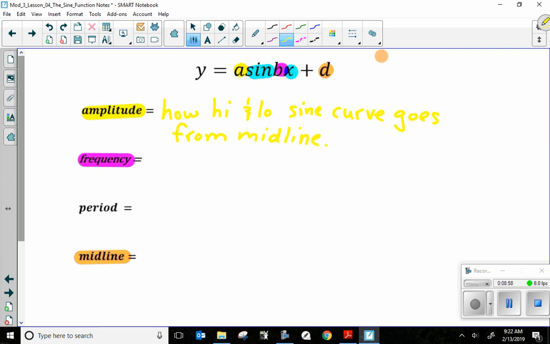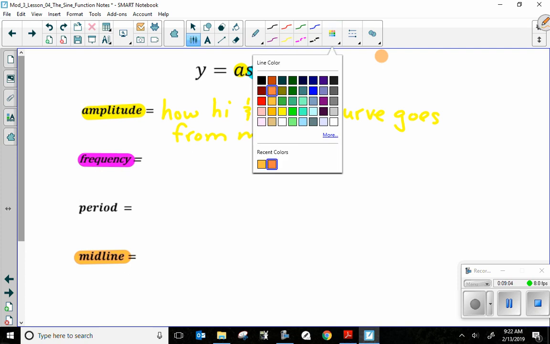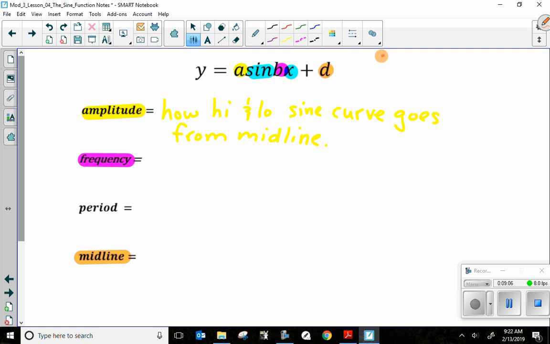We'll get to midline. In fact, we can do midline next. So, orange and orange. Now, the D value, that's your midline. And amplitude was obviously your A value in your equation.